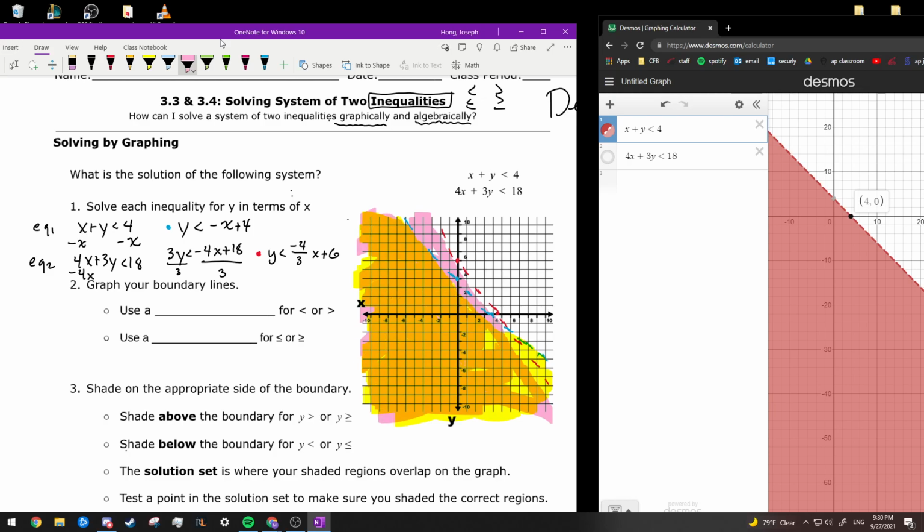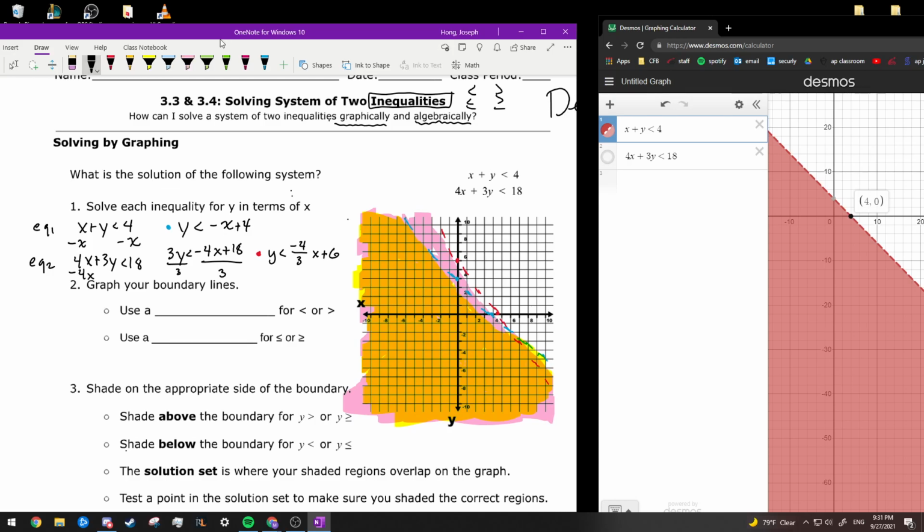So now we're not even looking for just an intersection. Now we're looking for common shaded areas. So let's see. Graph the boundaries.